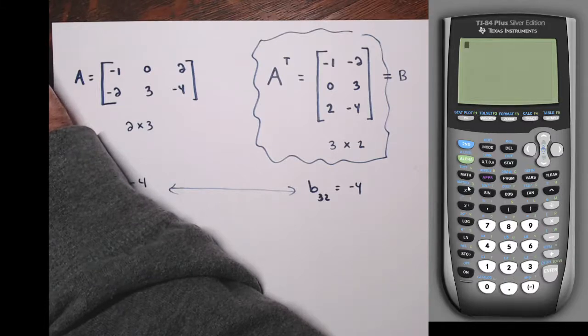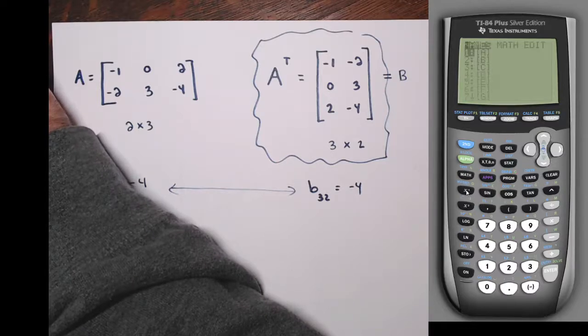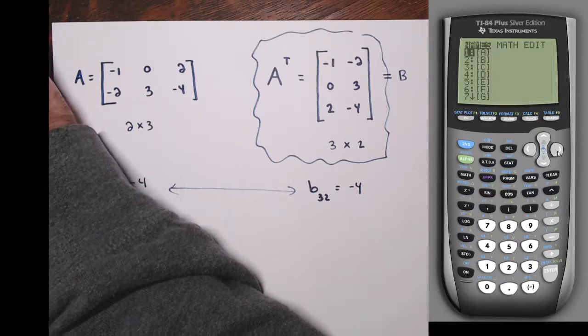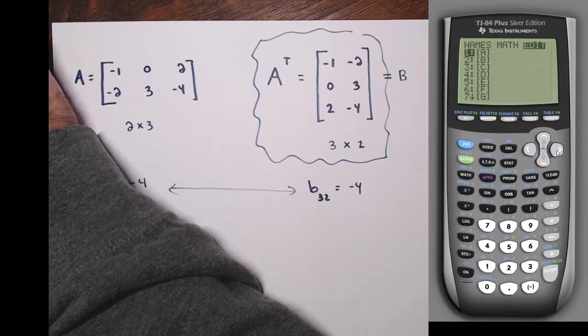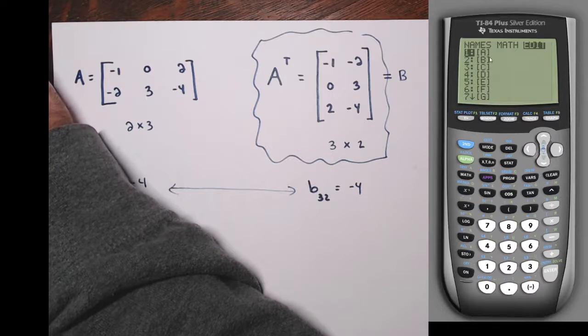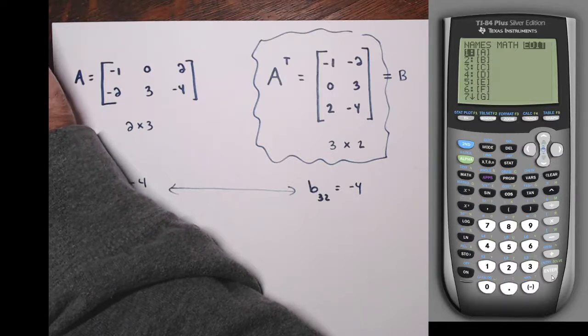You go above the X inverse button, there's a thing that says matrix. You go second, matrix, and move your cursor over to edit, because I want to make one. It doesn't matter which one you pick, just pick an empty one or one that's already there. Hit enter on A, number 1.